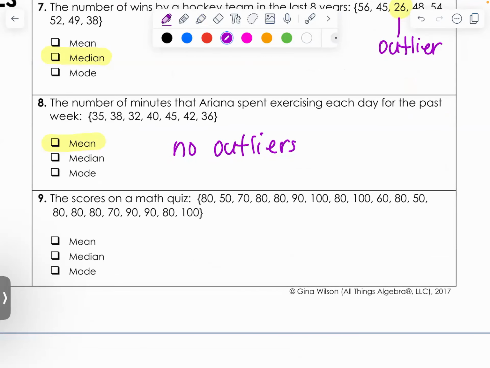Now I look at number 9 and I think, I really hope I don't have to find the mean because there's a lot of data. Okay. Brooks, why the mode? There's a lot of 80%. Okay, 80 is repeated a lot. Center of the data is 80.